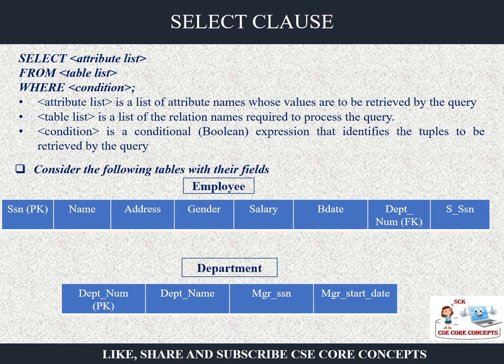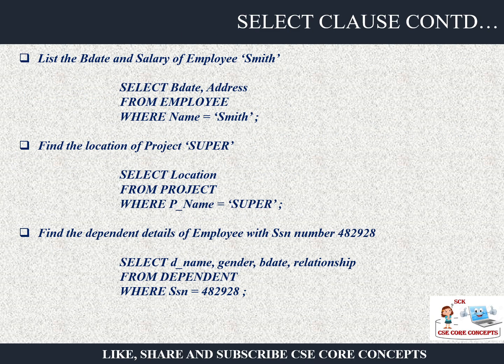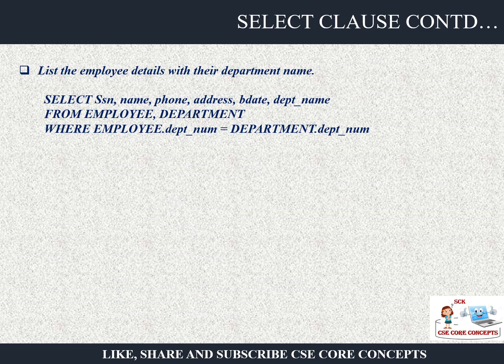So to solve this query, I require both the tables: the employee table as well as the department table. So in this case, the query is written as FROM employee and department table. Now you can see that the employee table contains department number and the department table also contains department number.